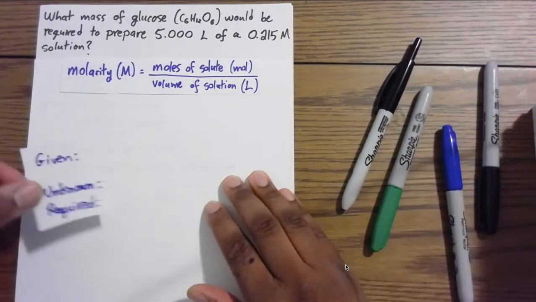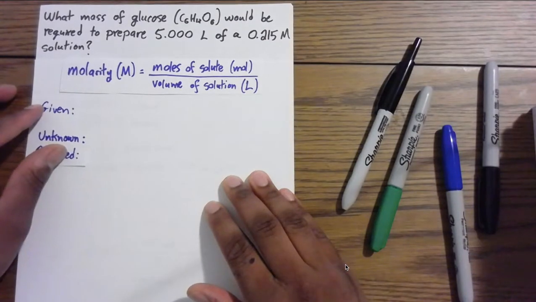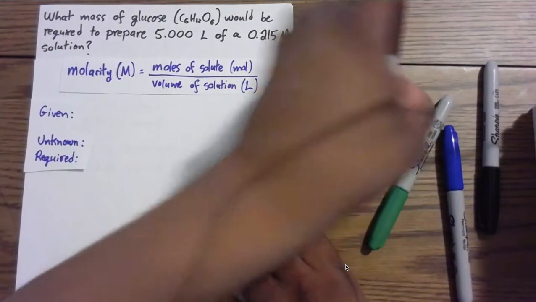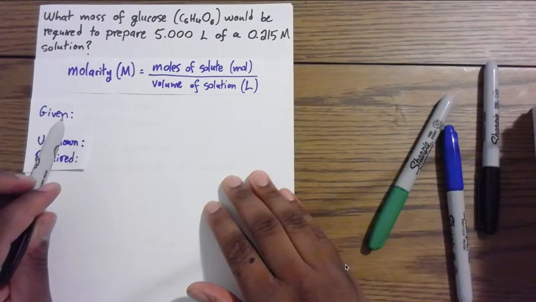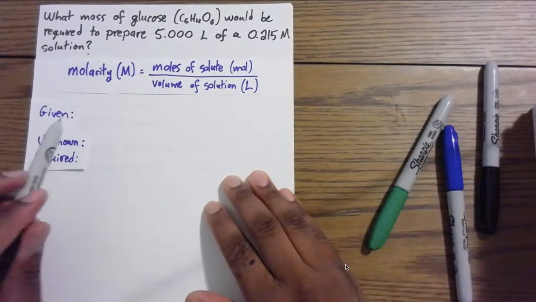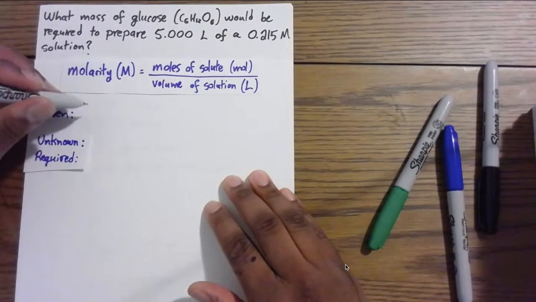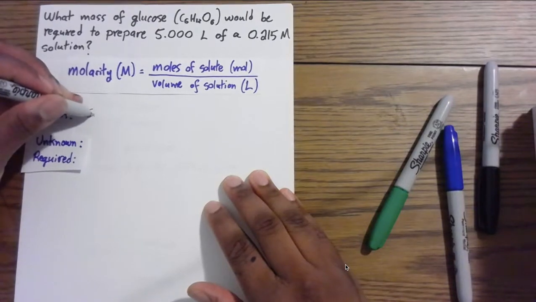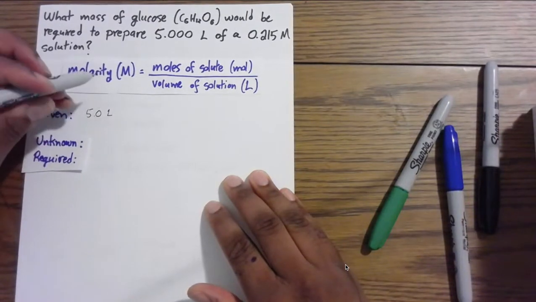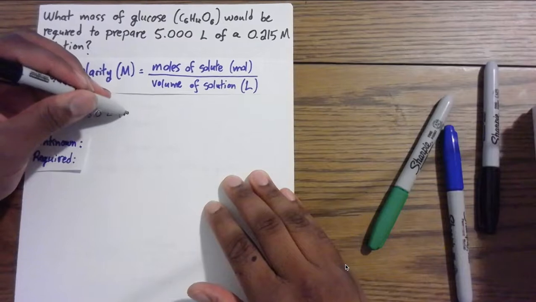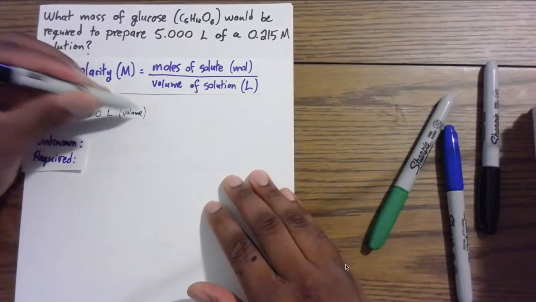Let's analyze this problem and see what information we have to work with. Given information: we are given the volume of the solution, which is 5 liters. That's one piece of the puzzle.